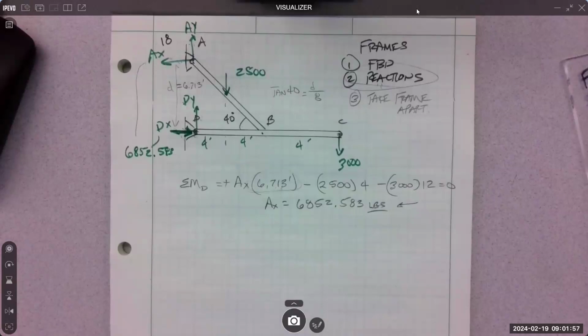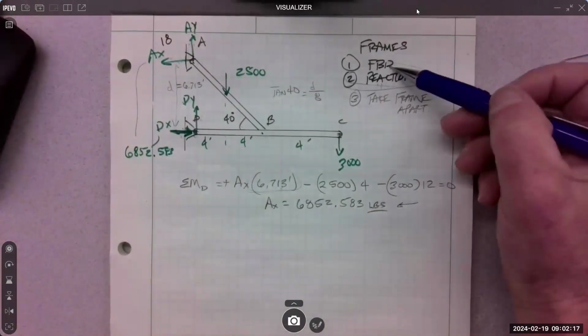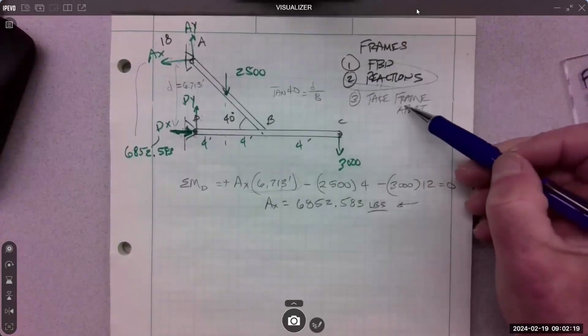The easier one to solve is always going to be a horizontal or a vertical member. The one on an angle is just going to be more complicated, more angular distances defined for moments, those kinds of things. Okay, so frames: free body diagram, solve for reactions, then take it apart.